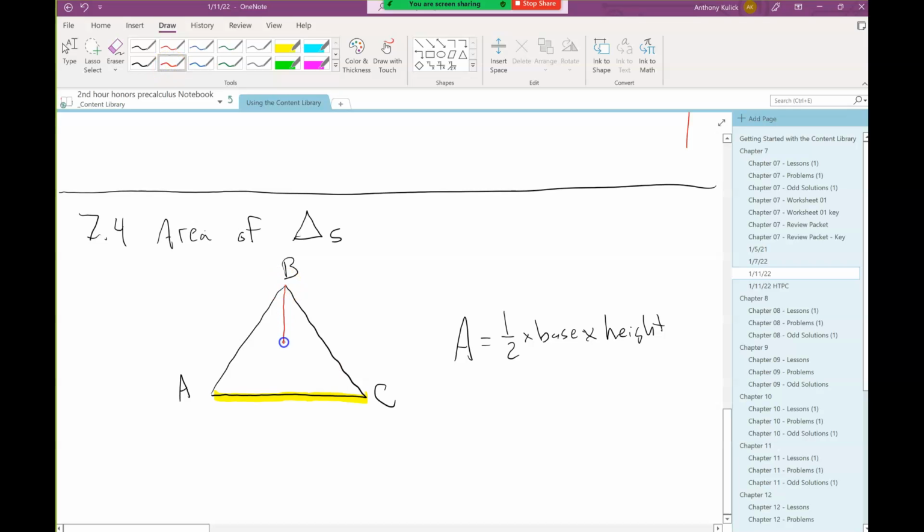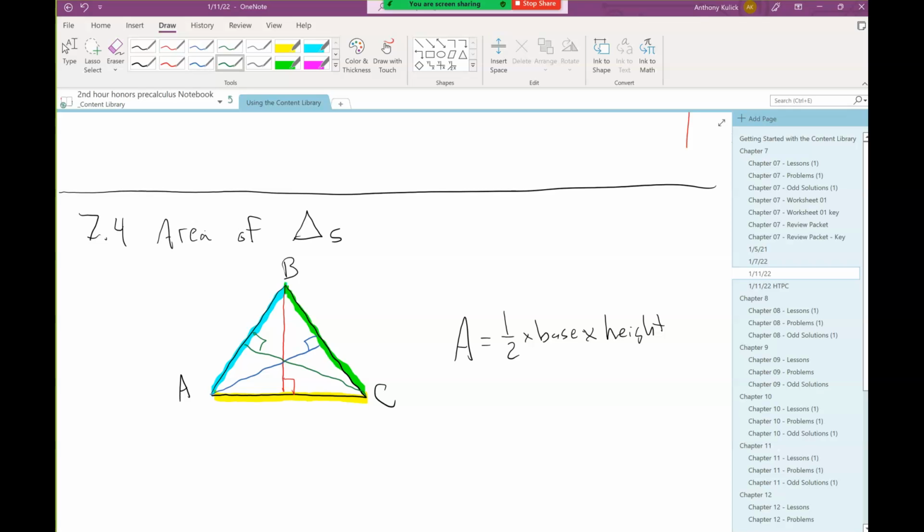The height then would be that, which is not a side length. Or if you had picked BC to be your base, then that blue line would be your height. Or if you had picked AB to be your base, then that green line would be your height.